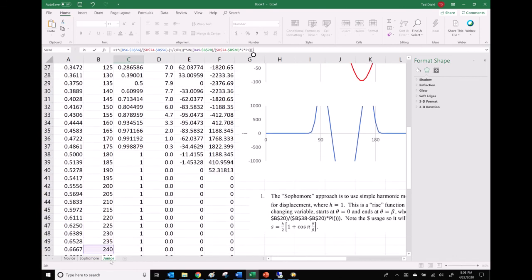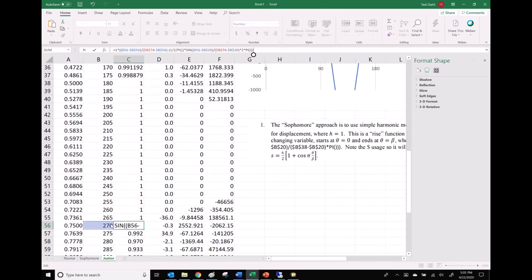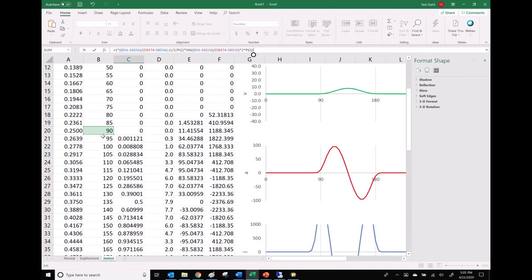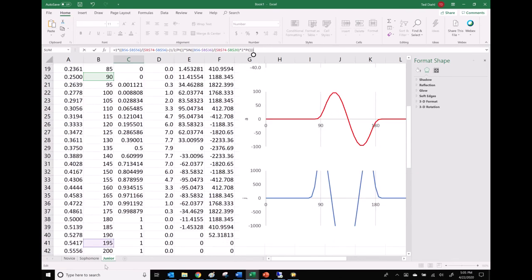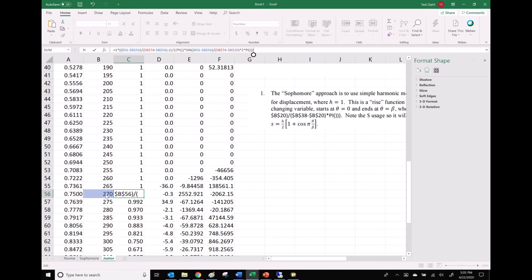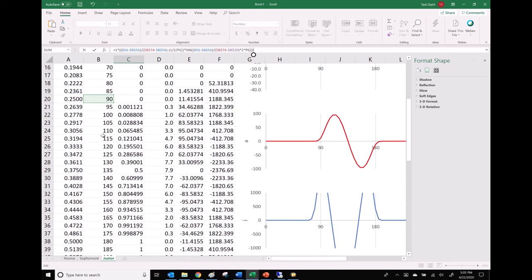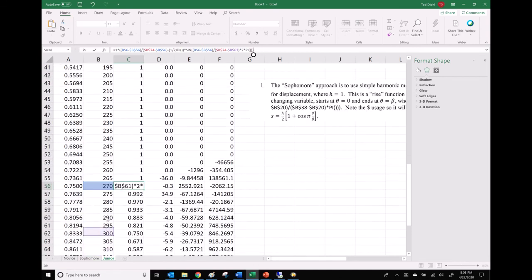How many do we have? How many do I have of these? That's a lot. Okay. And I bet this doesn't come out the way I want it to, but I do.